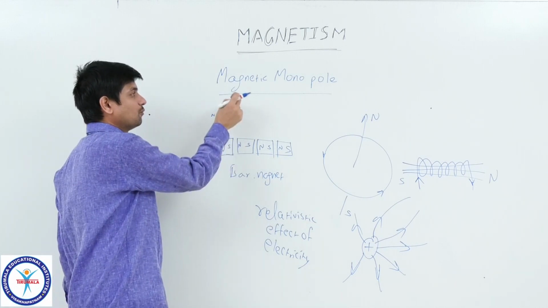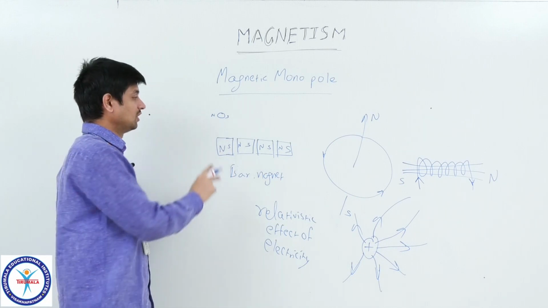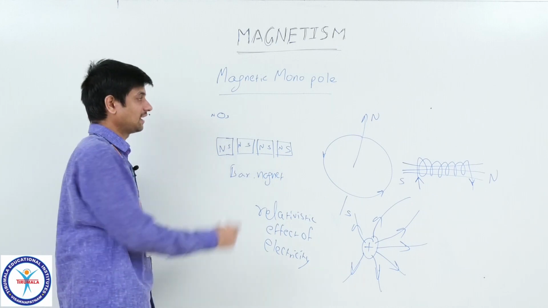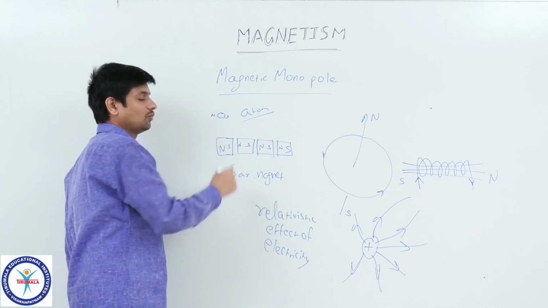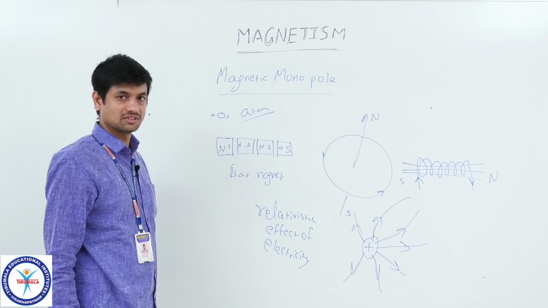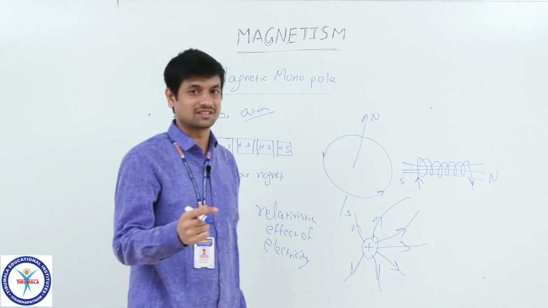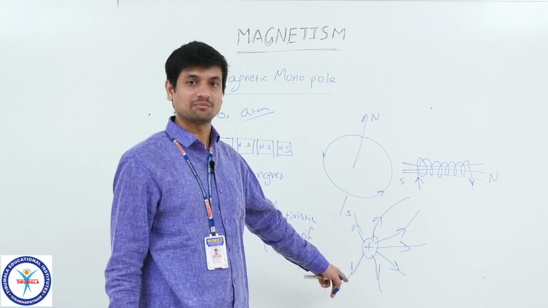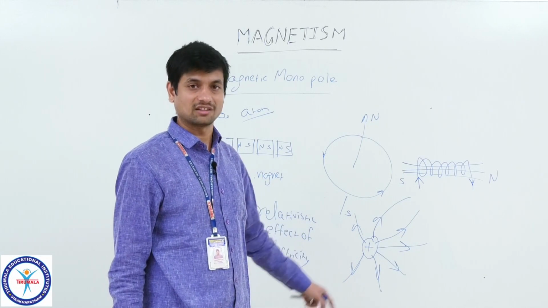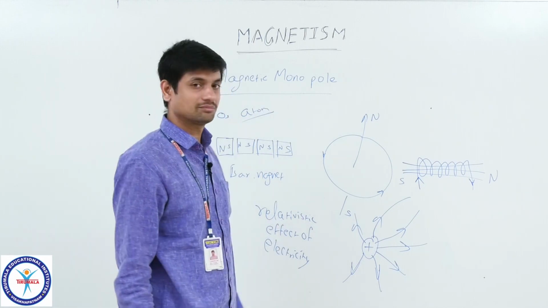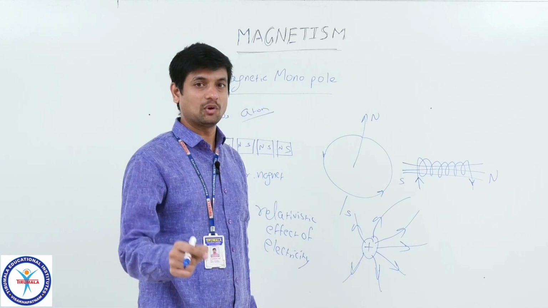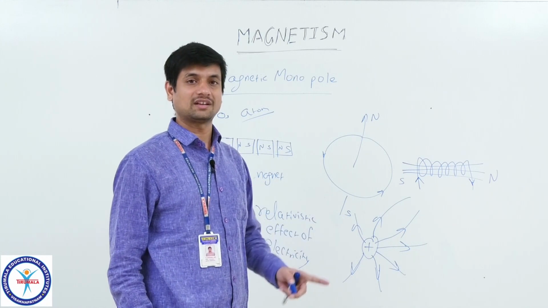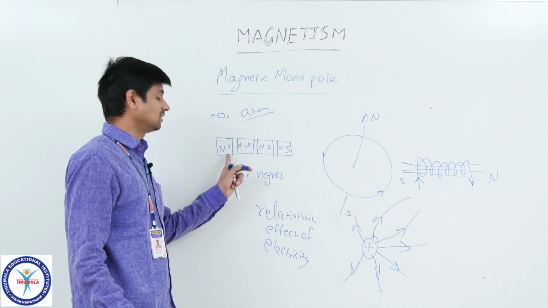So a monopole, a single pole, cannot exist even if you cut at the level of the atom. There is no single pole existence like the electric charges. A single charge can exist and we can apply all these things. But coming to magnetism, a single polarity cannot exist. Always it has one opposite polarity along with it.